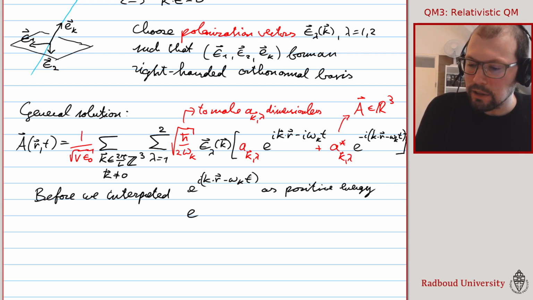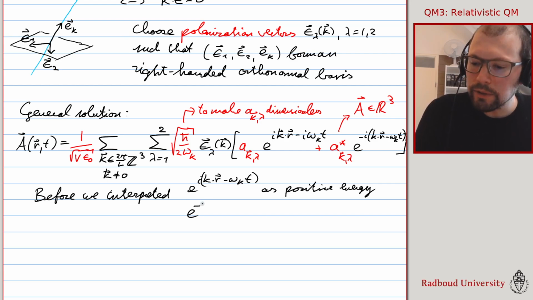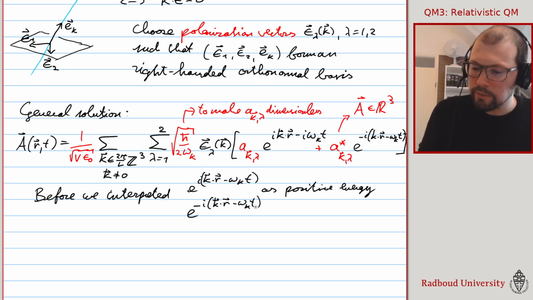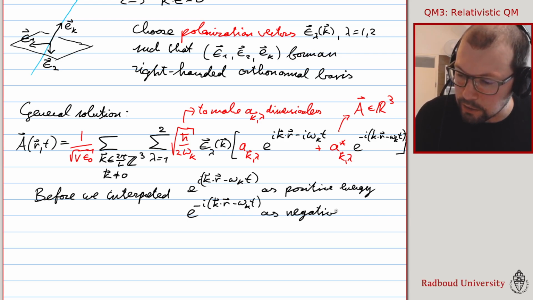Because if I take the time derivative, I get a positive omega coming down for the energy, while the other one is a negative frequency solution, so we interpret that as a negative energy plane wave.